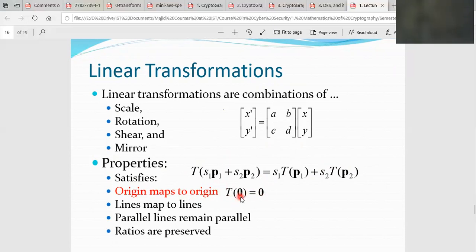Here zero is not just one number; it is basically a column vector, so I made it bold. Lines map to lines, parallel lines remain parallel, and ratios are always preserved.